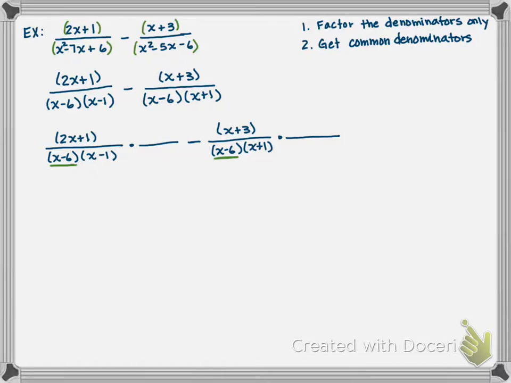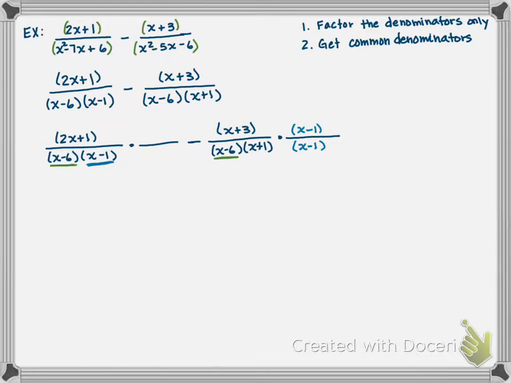And then, do they both have a factor of x minus 1? They do not. I have a factor of x minus 1 here, but I don't have one over here, so I need to multiply by x minus 1 over x minus 1. And now they both have a factor of x minus 1.